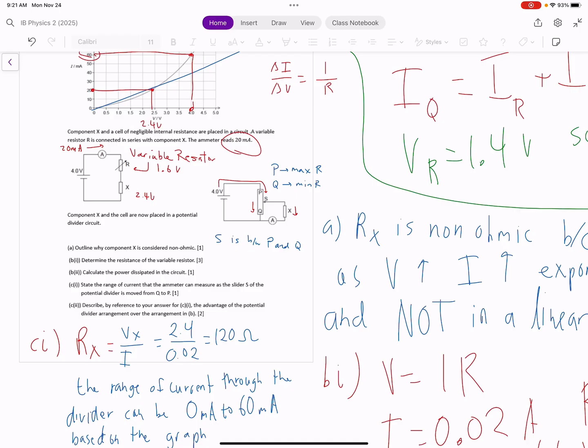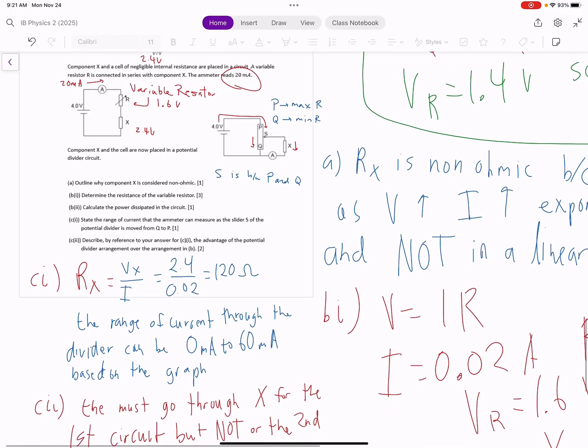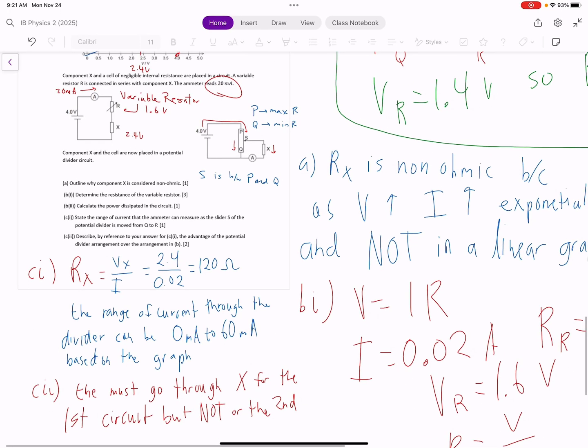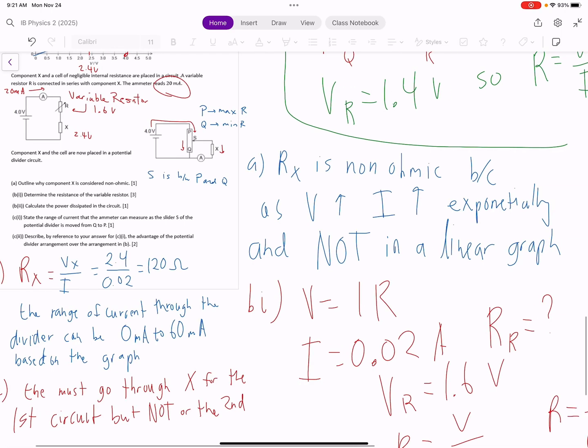Part B1, determine the resistance of the variable resistor. Okay, so I'm assuming they're referring to the second diagram. V equals IR. We know I is 0.02, so we converted 20 milliamps to amps.